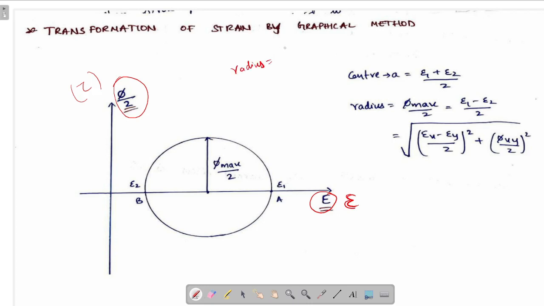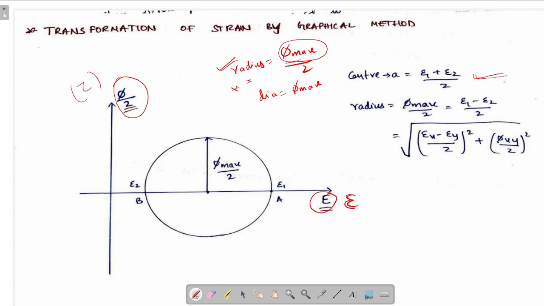In this case radius will be gamma max by 2, remember this, and diameter will be gamma max. This is important. It is a small thing only, but we will be confusing it with the stress case, and writing radius as gamma max. In case of strain analysis, radius is gamma max by 2. Remaining everything will be the same.